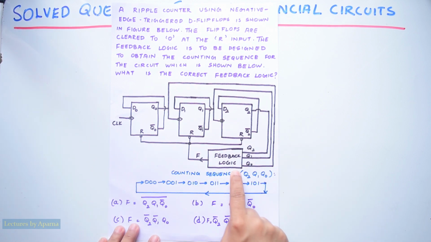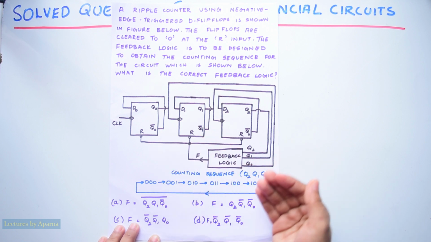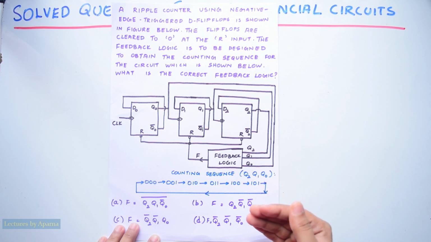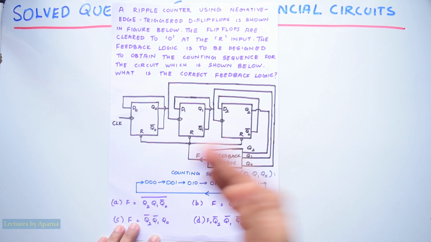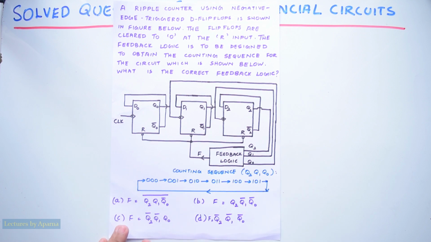So here we have to find the logic circuit that gives clear signal to all the three flip-flops and resets them. They will execute a counting sequence, then come back to initial state 0 and again continue the counting. So we have to find the condition when they are reset to 0.